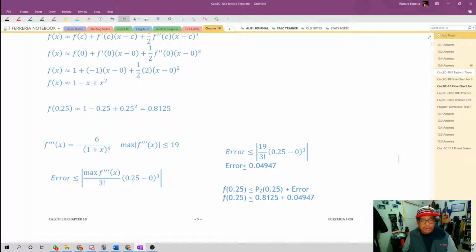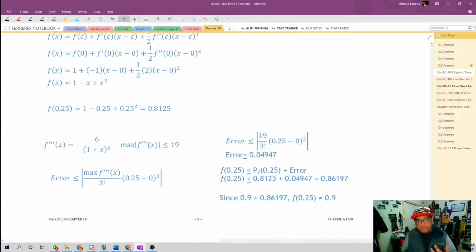And 0.8125 plus 0.04947 is 0.86. And since 0.9 is greater than 0.86, we know that f of 0.25 cannot equal 0.9. 0.9 is not in the range of values that f of 0.25 can be.